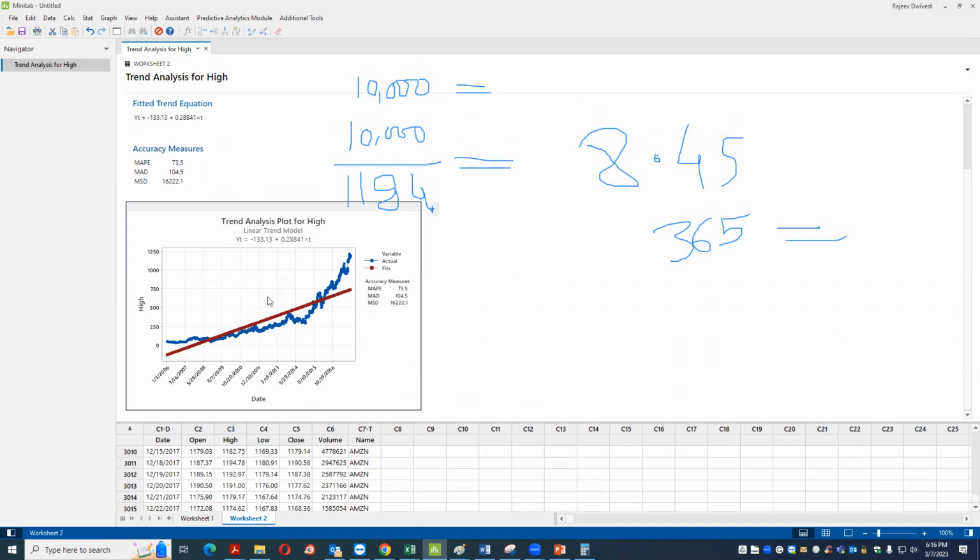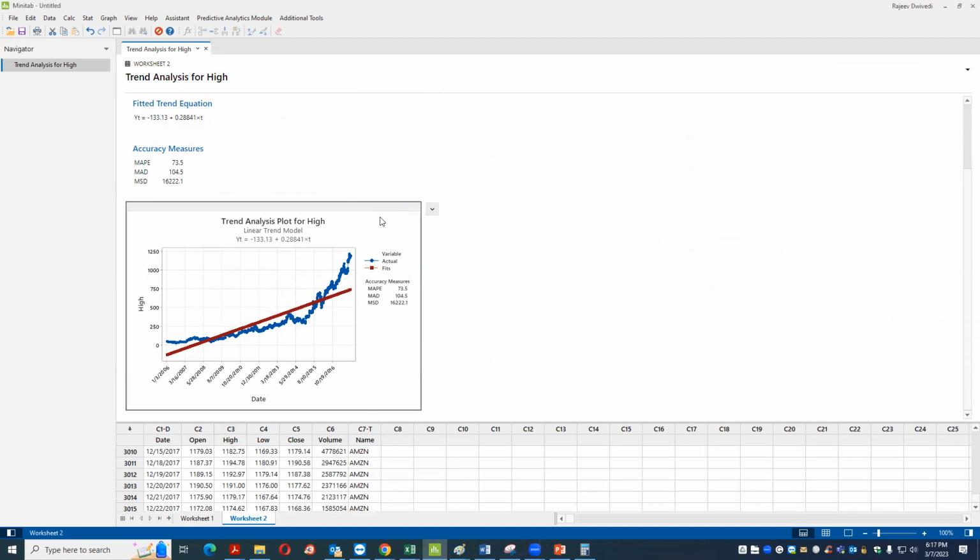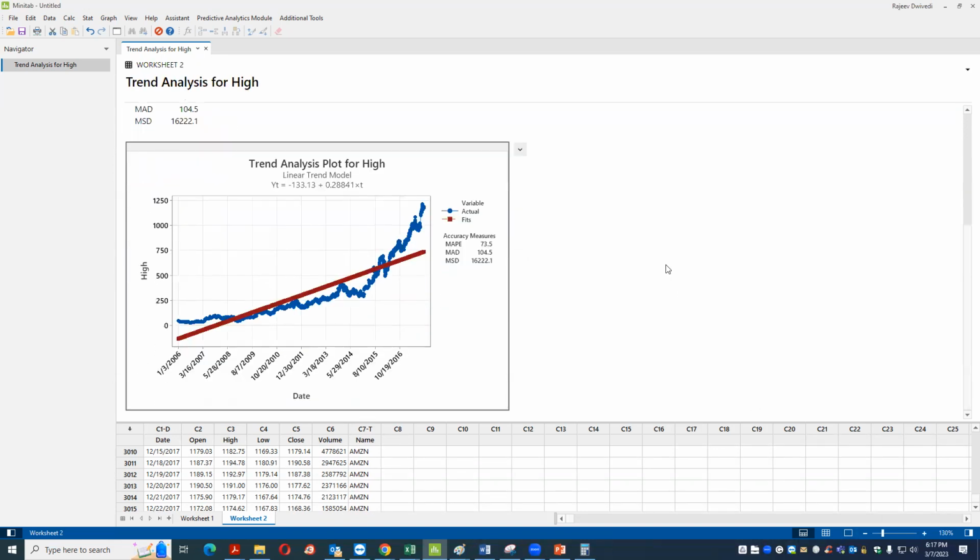Basically this is the model that we are getting. This is the best fit, and you can see the line is linear because we asked for linear. So this is the trend coming.